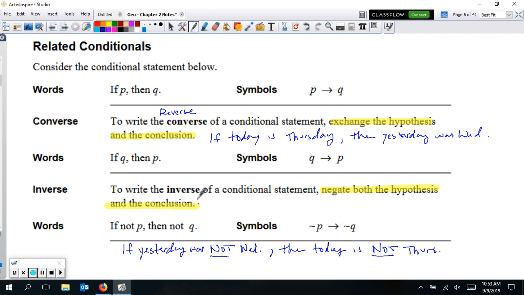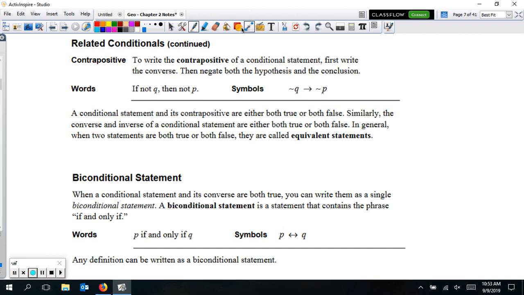Still have one more about this. So we've talked about negation, and now converse, inverse, and there is one more next, as you can see it there in your notes. It's called contrapositive. Let's see what that's going to do. The contrapositive of the conditional statement says first write the converse, which we know is the reverse, the switching part, then negate both hypothesis and conclusion, which is the inverse part.